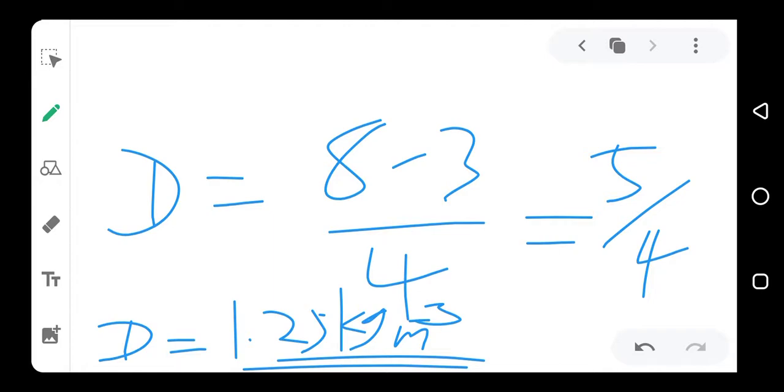The basic thing we do here is to determine the mass of the liquid or the powdered substance from the mass of the liquid or powdered substance and the density bottle. Once we get this, we use it with the volume of the liquid or the powdered substance to get the density we are looking for.